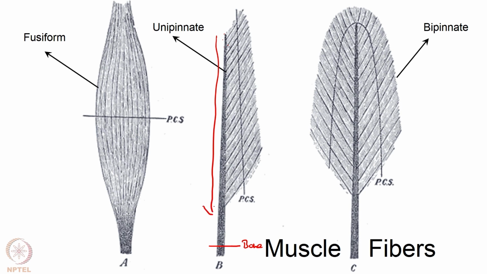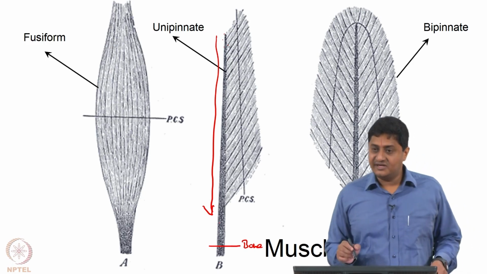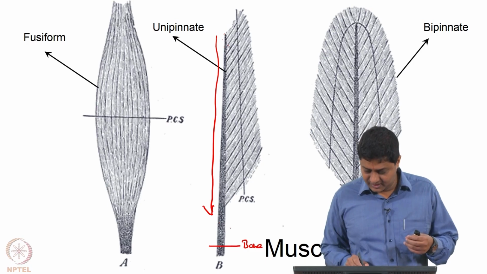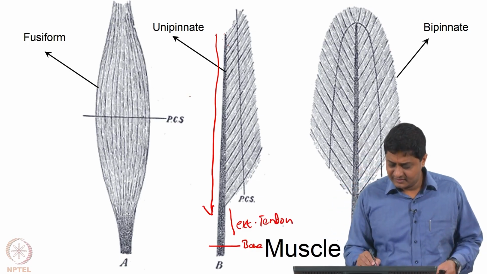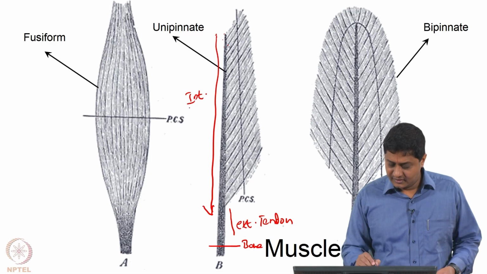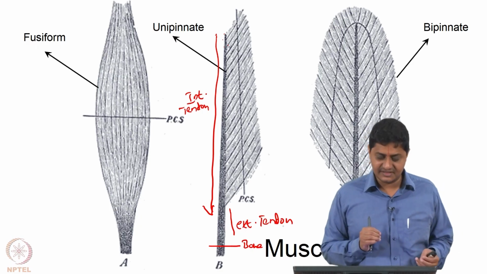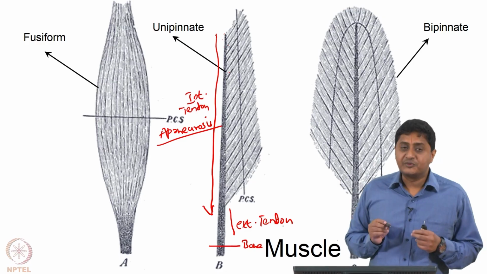This tendon that collects force from multiple fibers and passes it on to the external tendon is the internal tendon, also called the aponeurosis, the technical term. This is the external tendon, and the part where the force from multiple fibers is summed is the internal tendon.